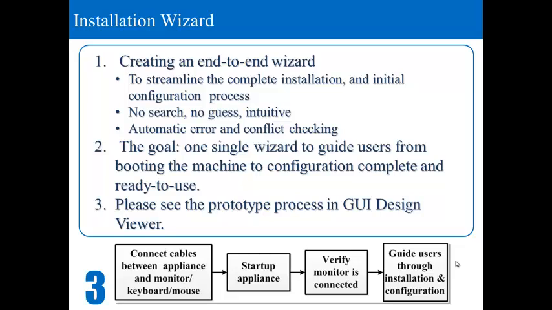Then it will start up the wizard that will get the user throughout the process. The user doesn't have to do anything else other than following the screen prompt. The goal is to create one single wizard to get users from booting the appliance to configuration complete, and the appliance is ready to be used.